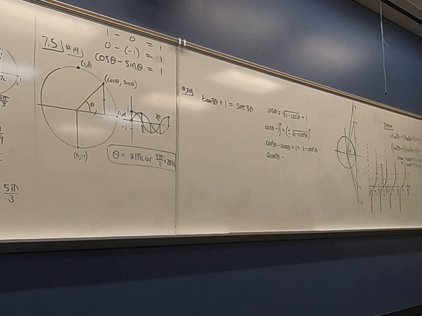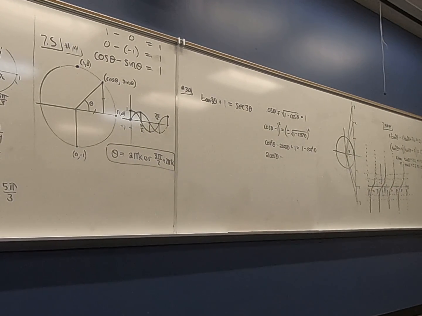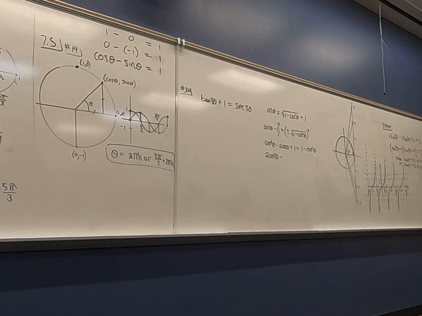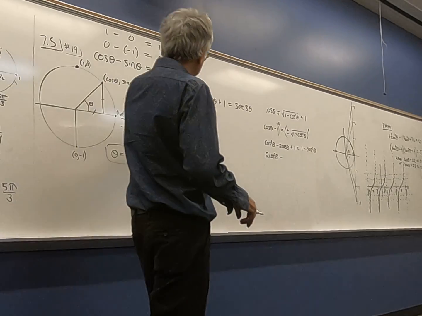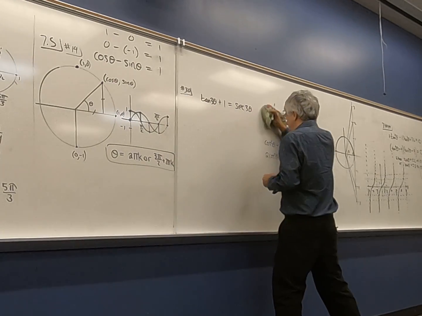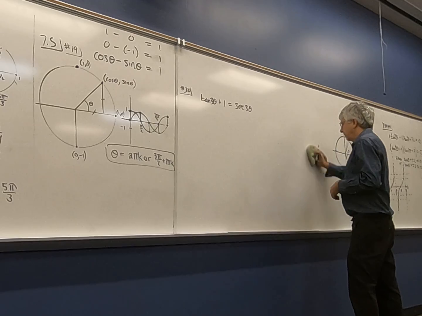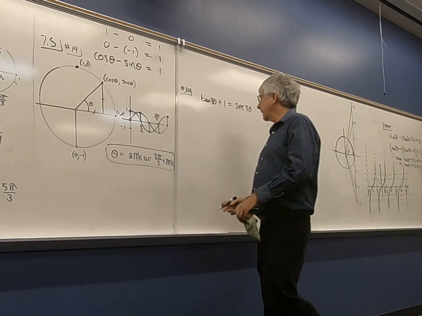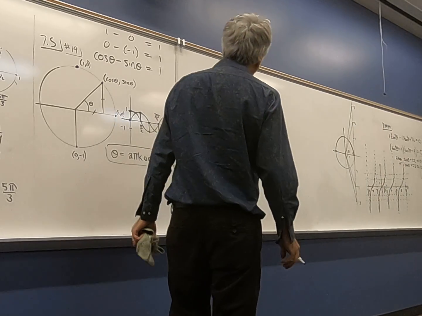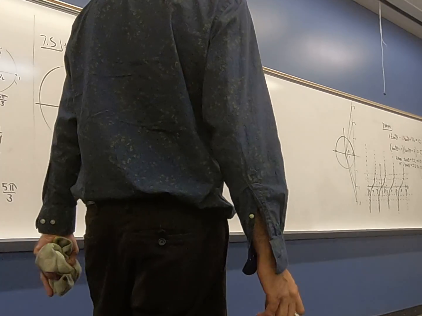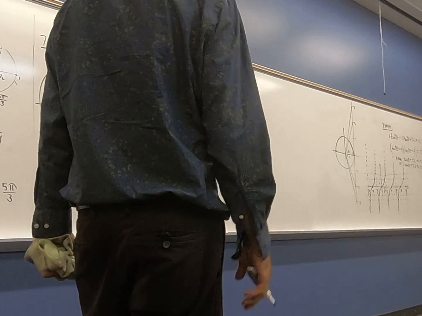All right, so here we have a multiple angle situation, right? There is an identity for tan 3 theta, which you can substitute in there, but that's not the game here. So we want to solve for 3 theta, find all solutions for 3 theta, and then divide those by 3.